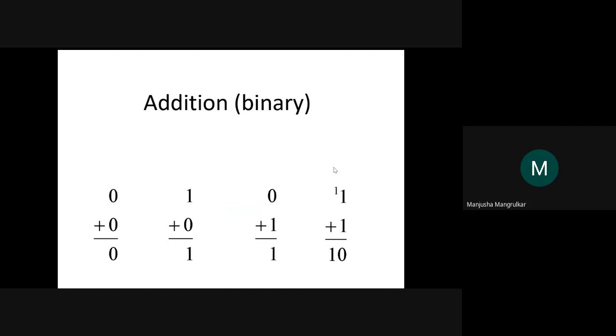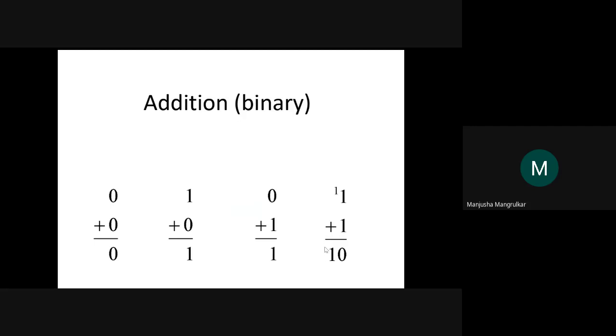Just the rules are different. 1 plus 1 is not 2, it is 10. What is it? 10. So the 0 will be there and that 1 will be a carry.